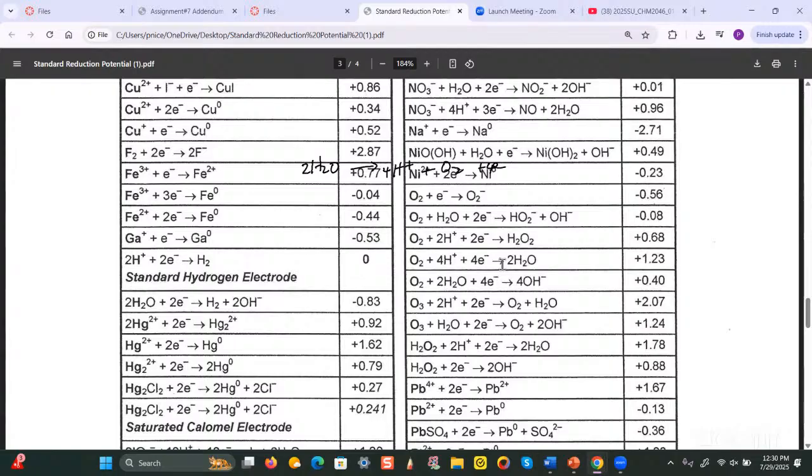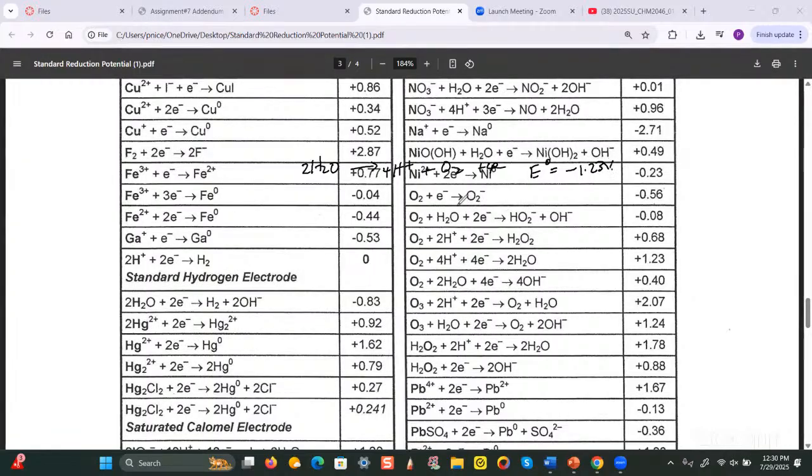So the value here is 1.23 volts. So let me write that down here. So the EMF of this will be, now this is 1.23 volts for the reduction, which means for the reverse, which is what we have here, would be minus 1.23 volts, right?